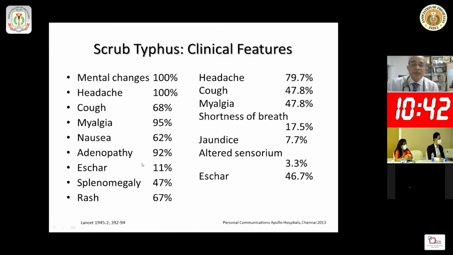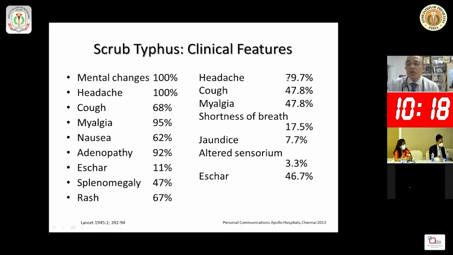This shows the clinical features. This is from a paper in Lancet in 1945, and this is our experience at Apollo Hospitals about 6 or 7 years ago. If you look at 1945, mental changes were seen in 100%, headache in 100%, cough in almost 70%, myalgia, nausea, lymphadenopathy 92%, eschar was seen only in 11%, and splenomegaly and a rash.